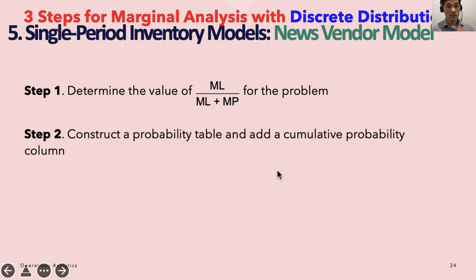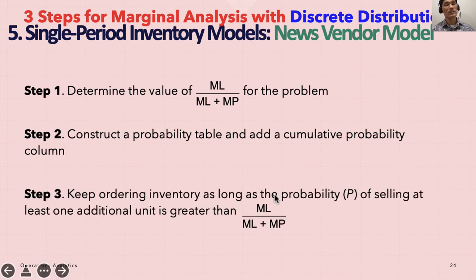The second step is to construct a probability table and add a cumulative probability column, and I will show you what that means later. Step 3 is to keep ordering inventory as long as the probability P of selling at least one additional unit is greater than ML over ML plus MP. So let's take a look at an example to understand these three steps.